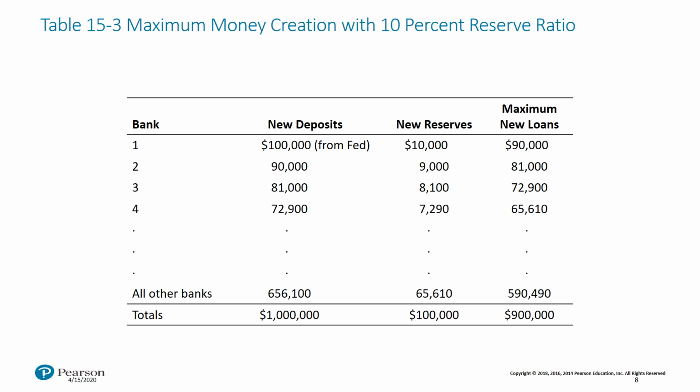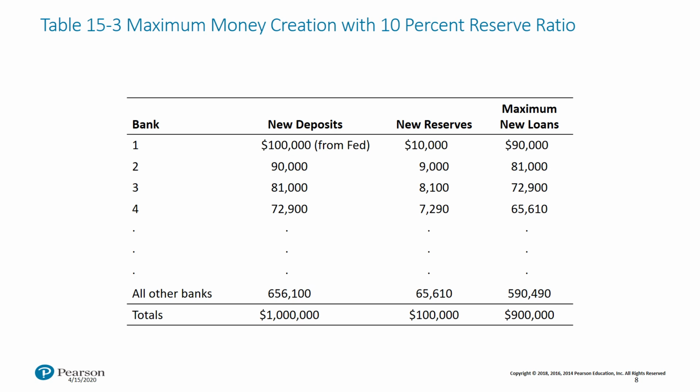Have a look at table 15.3 that shows the maximum money creation with a 10% reserve ratio. This table shows the maximum new loans that the banks can make given the Fed's electronic transfer of $100,000 to a transaction deposit account at Bank 1. Remember, the reserve ratio is 10%.